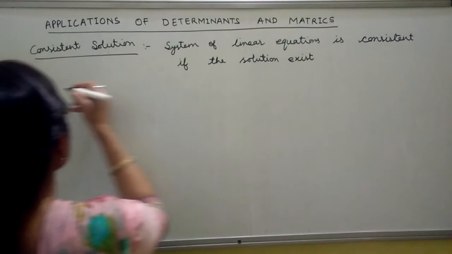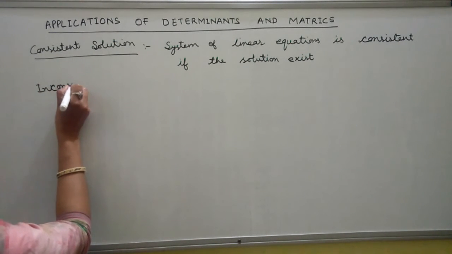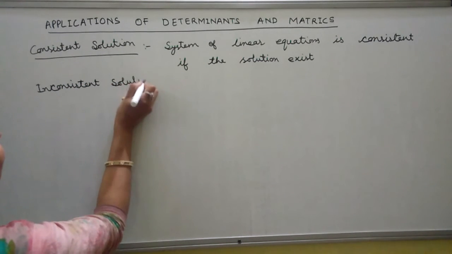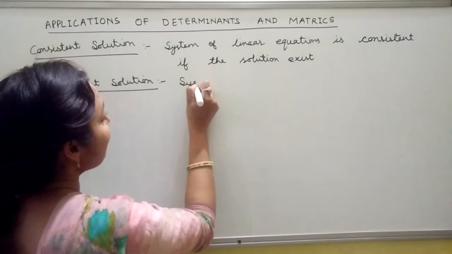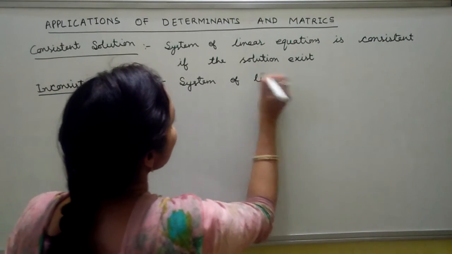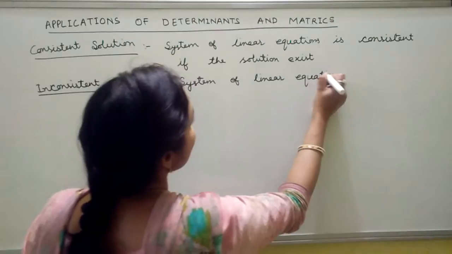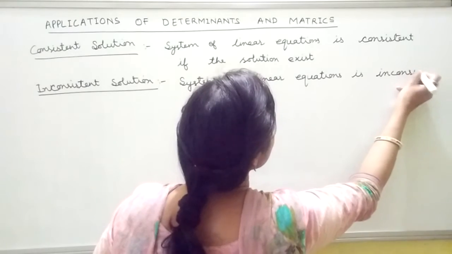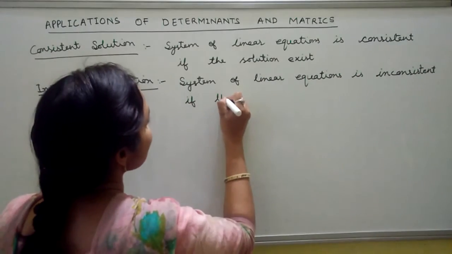Okay, our inconsistent solution means, what is inconsistent solution? The system of linear equations is inconsistent if the solution does not exist.